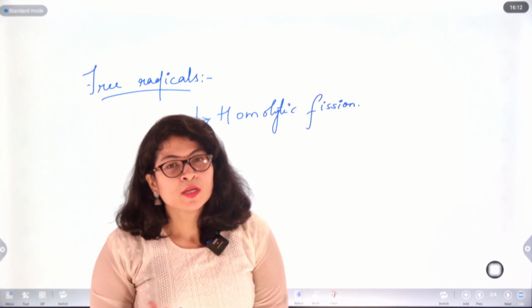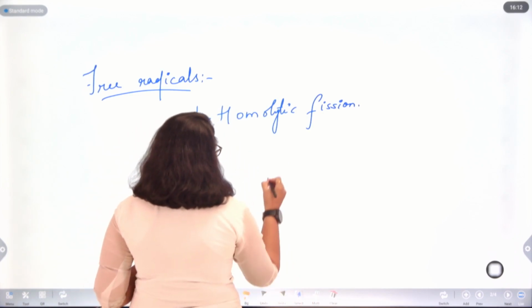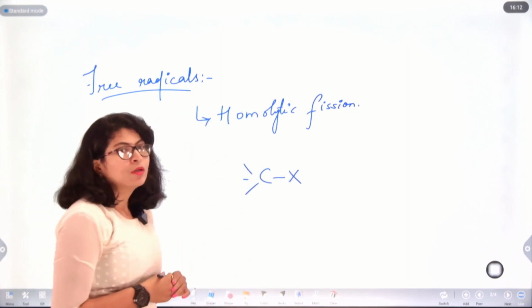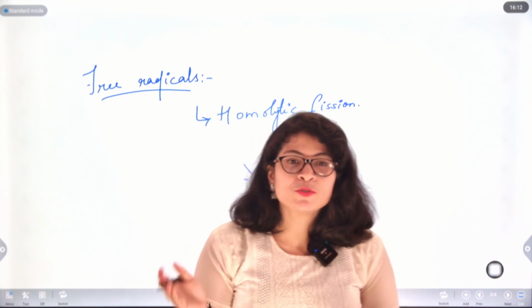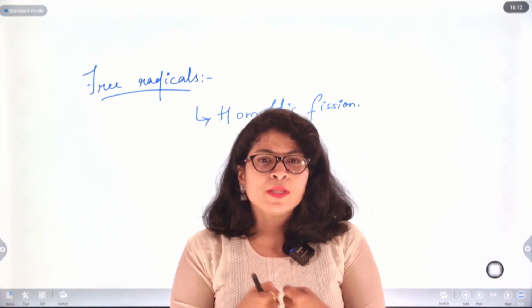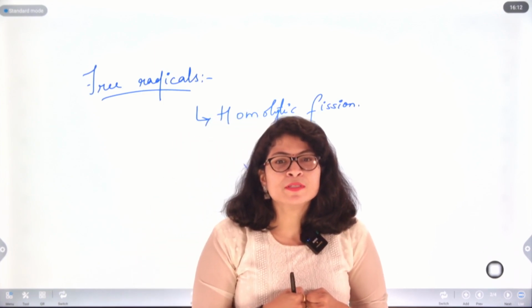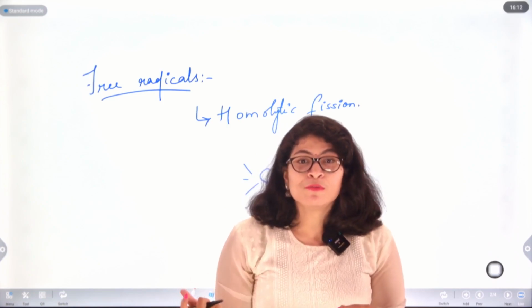Homo means same. So what we have discussed: if a carbon is bonded to some other carbon or other atoms, for example X, now they both are of equal strength, or they are of equal power. They are pulling that electron with equal force. Then nobody is powerful enough to take away the entire pair of electrons.